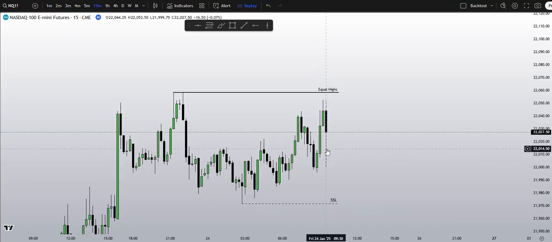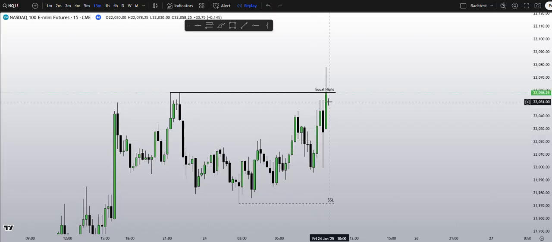Although it wicked below it, it respected the imbalance and comes right into these equal highs, nearing 10 o'clock. Now, this is where you will look for the reversal setup. You see it wicks above and begins to reject lower.